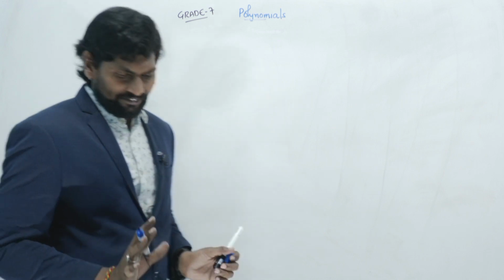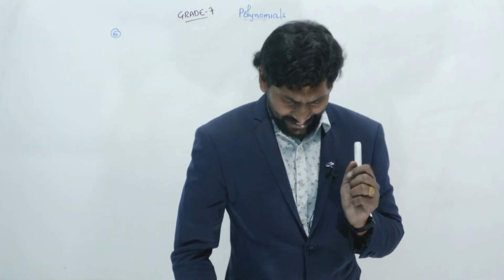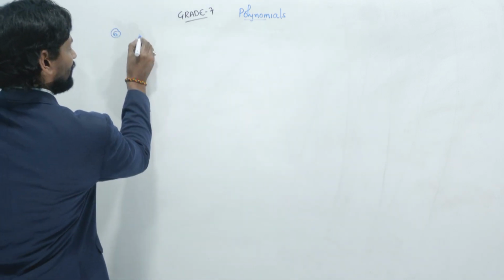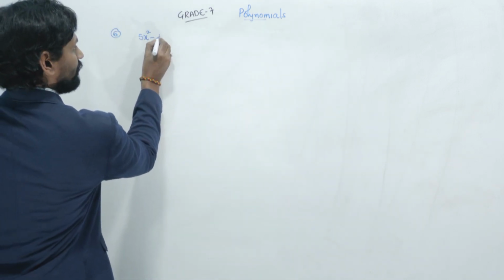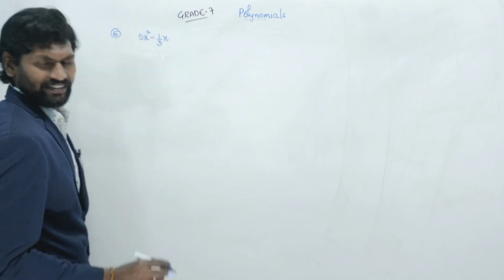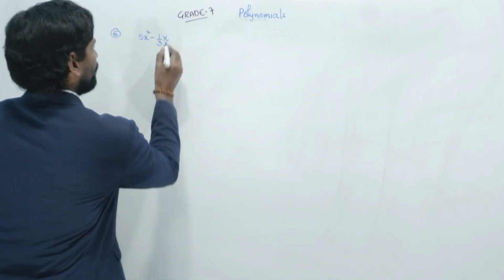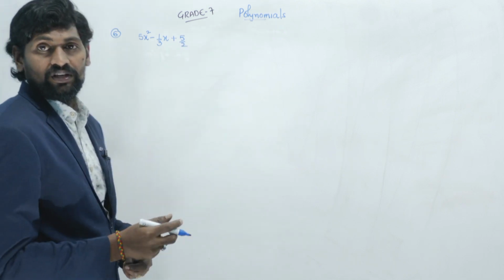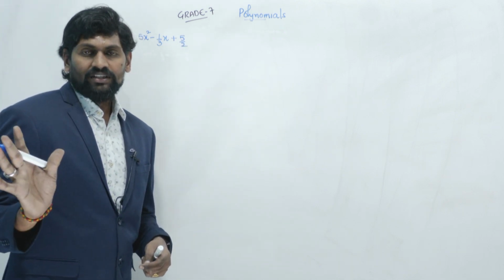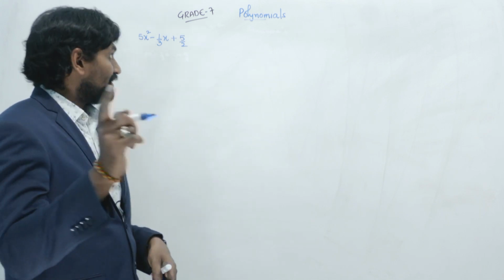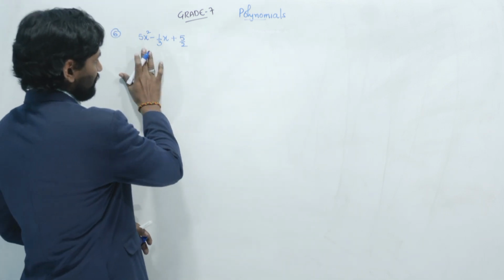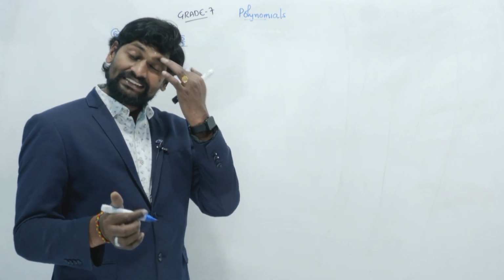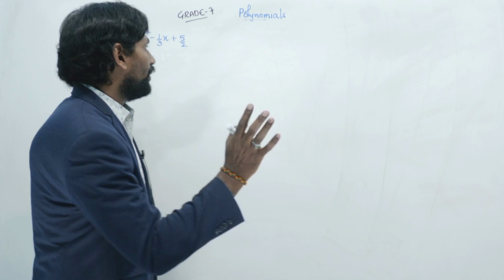The 6th question is: find the addition of 5x square minus 1 by 3 into x plus 5 by 2. It is a quadratic polynomial. Yes or not? I told you when the algebraic expressions are not going to become a polynomial, so we are just checking the degree of each variable.